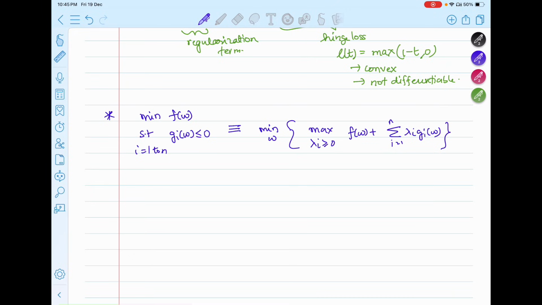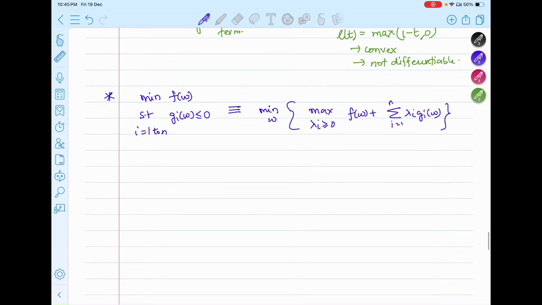Now, one thing I want to mention is that, let us say I want to swap the min and the max. This is for any function.